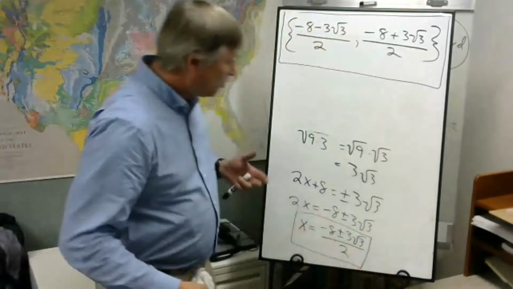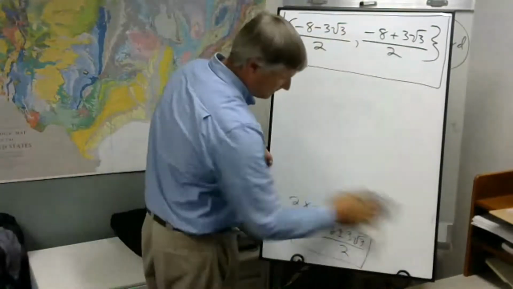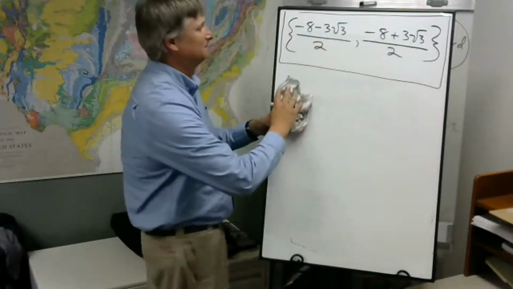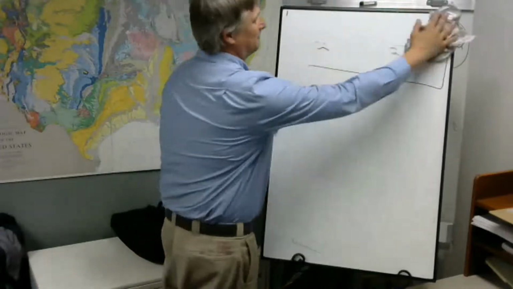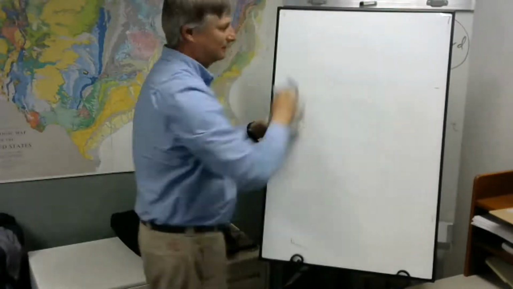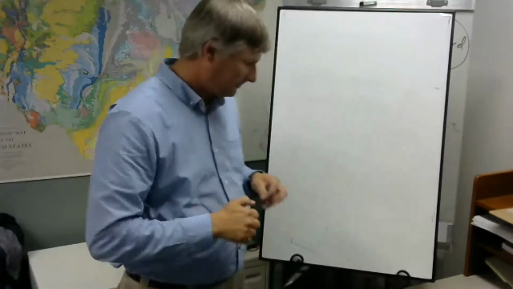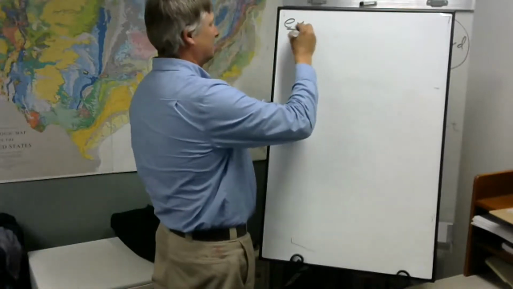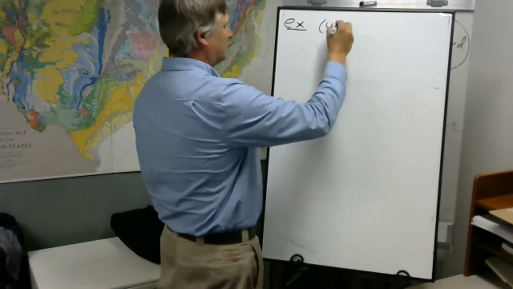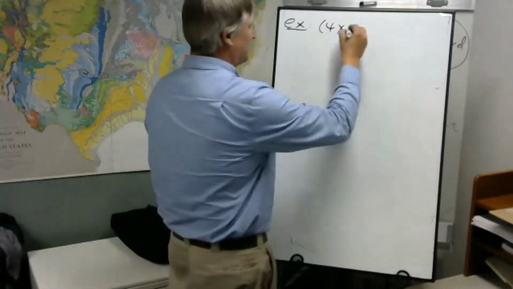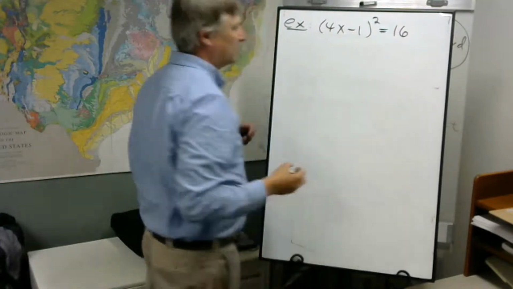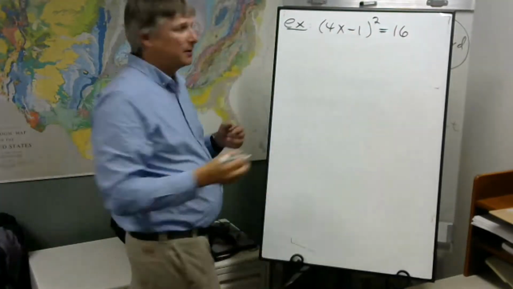Now, one that doesn't come out quite as tricky as that. Let's say we have this. Again, we take the square root of both sides.